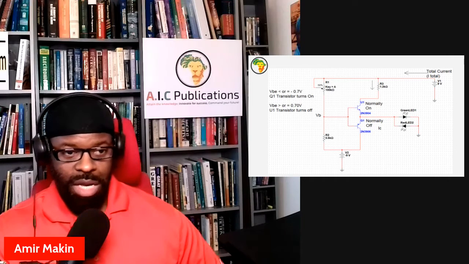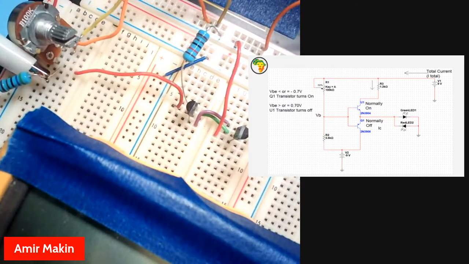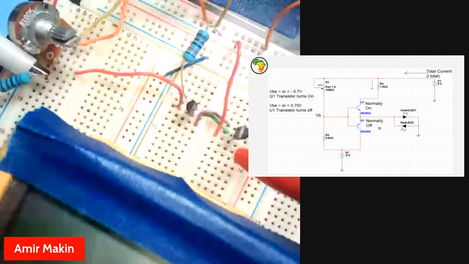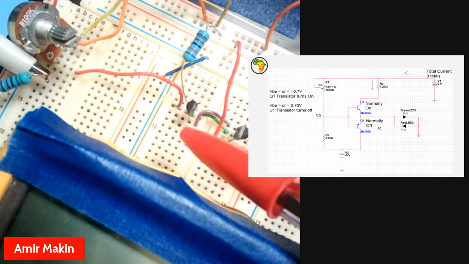So what we're going to do right now is go to the circuit itself and take a look at how it functions. Right now you are looking at the PNP transistor, which is right here, which is Q1, and you're looking at the NPN transistor, which is U1.